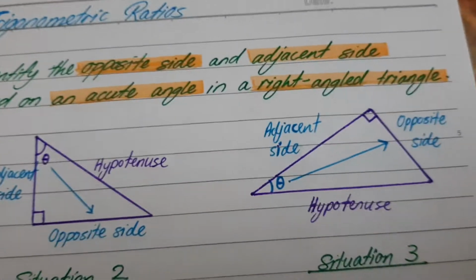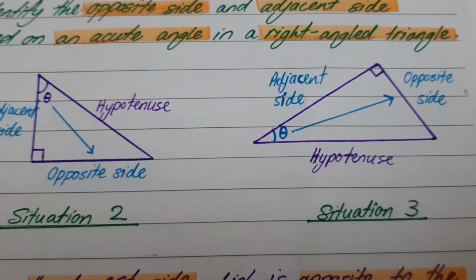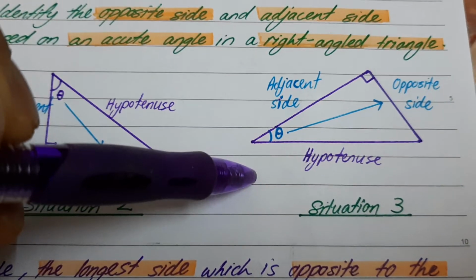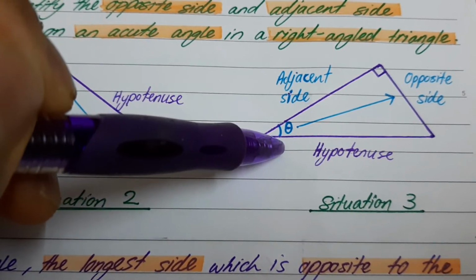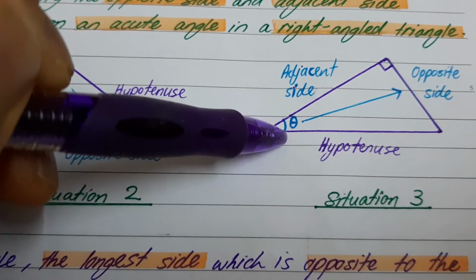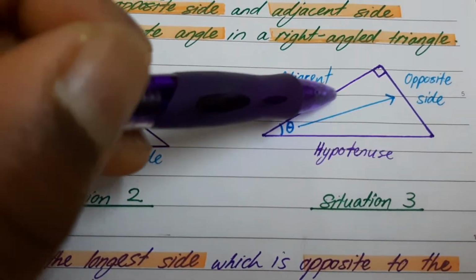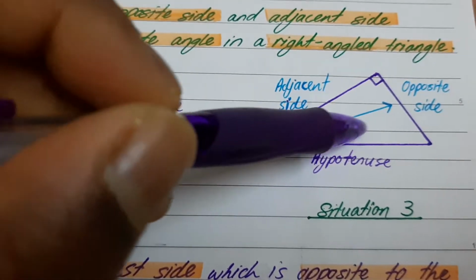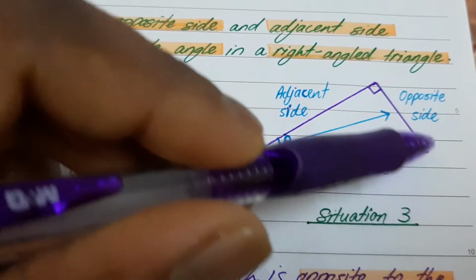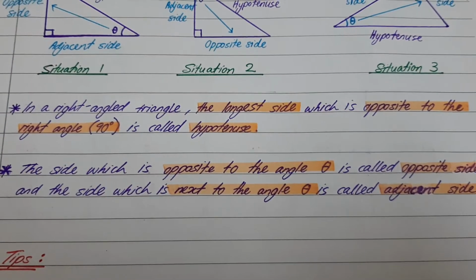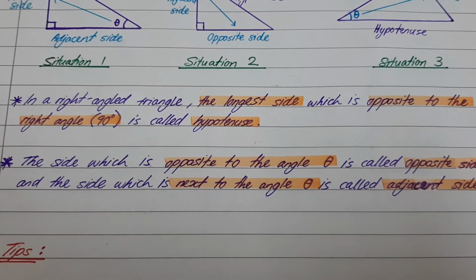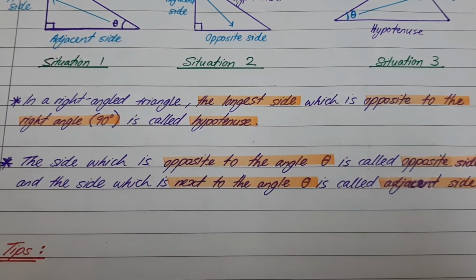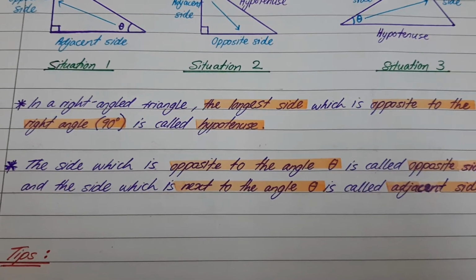The third situation is also the same thing. This is your right angle triangle with this as your hypotenuse, and I marked the angle here. Since the angle is here, the line beside the angle is the adjacent side, and the line opposite to the angle is the opposite side. As a conclusion, in a right angle triangle, the longest side which is opposite to the right angle, 90 degrees, is called the hypotenuse.